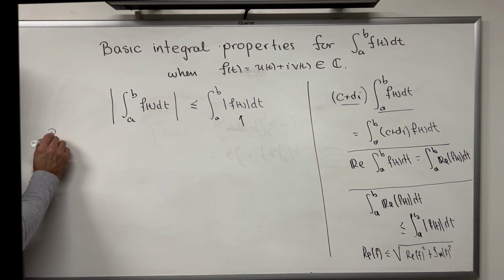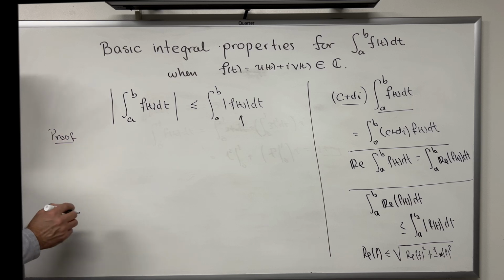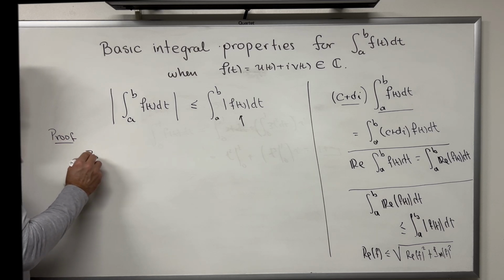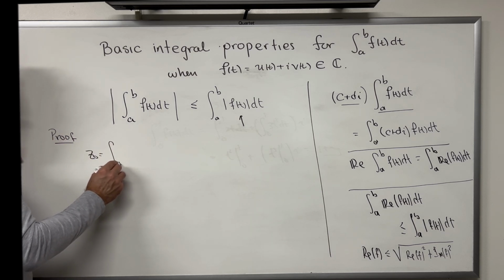Then let's say proof. Let's call c sub 0 this complex number.